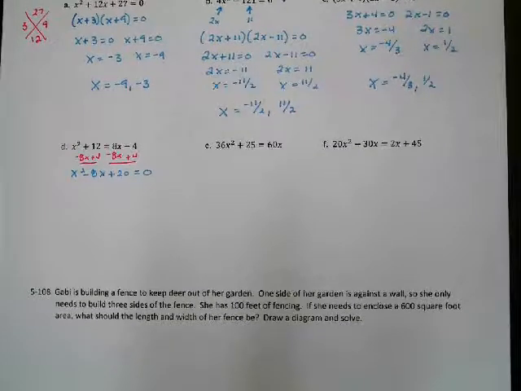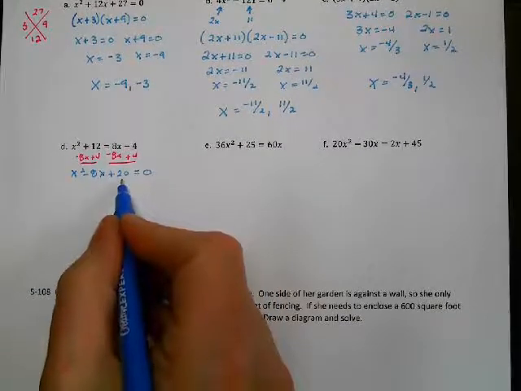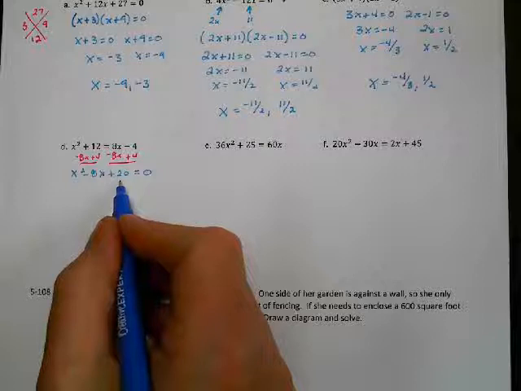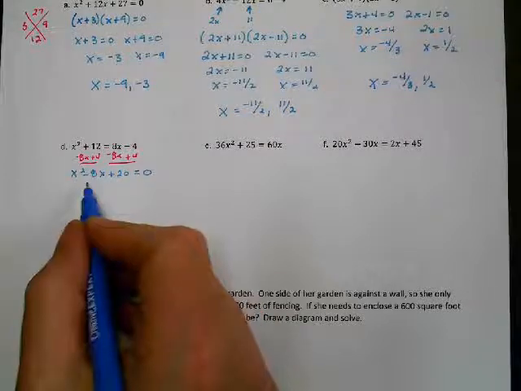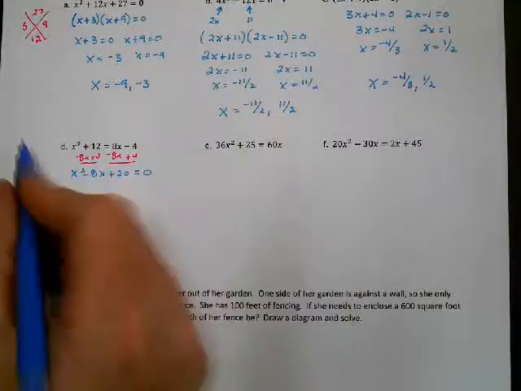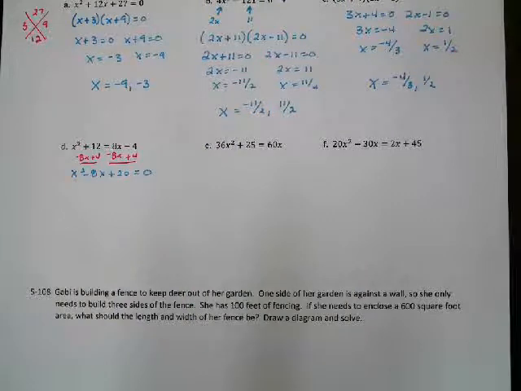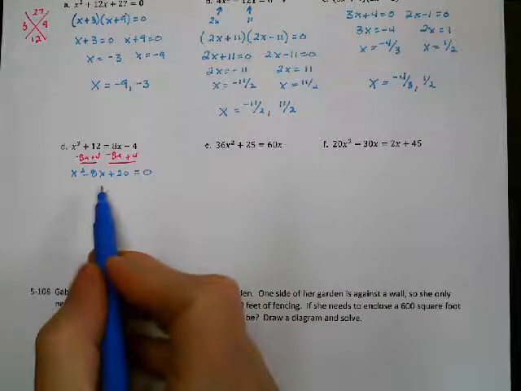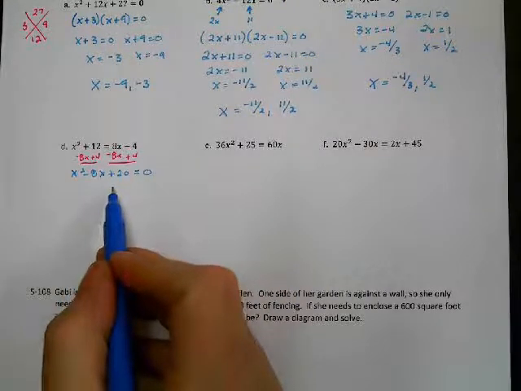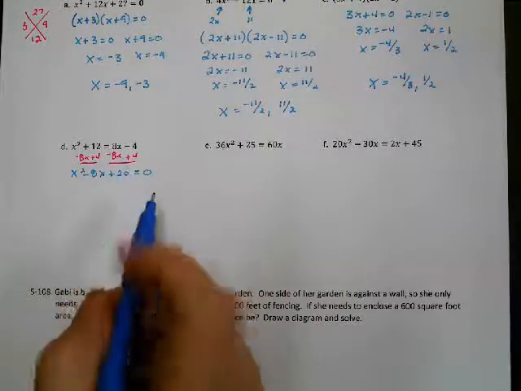So here I've got 20. I'm going to ask myself, are there any factors of 20 that add up to negative 8? You might be tempted to say something like negative 10 and 2, but one of them's positive, one of them's negative, and when you multiply them, you're not going to get positive 20.